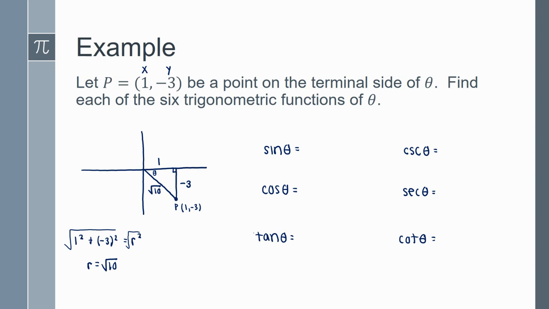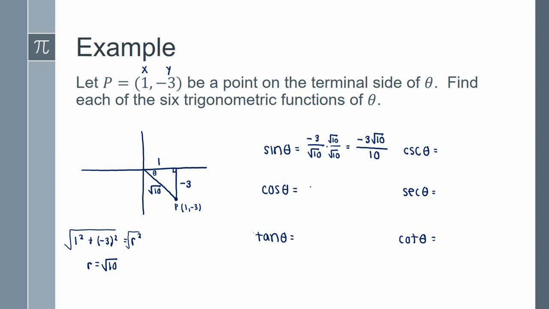You can just look at your picture and do opposite over hypotenuse, adjacent over hypotenuse, and so on and so forth. So since sine of theta is opposite over hypotenuse, that would be -3 over the square root of 10. But I do want to rationalize this. So remember, that means multiply the top and the bottom by the square root of 10, so I can get rid of that radical in the denominator. So essentially then, -3 root 10 over 10 is going to be sine.